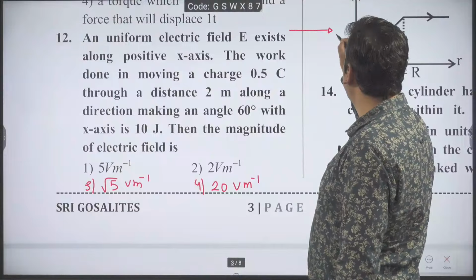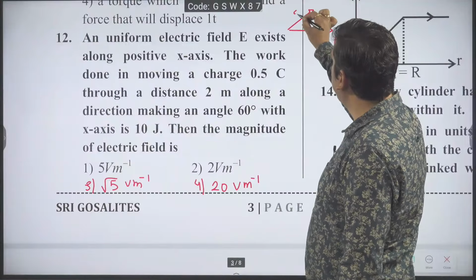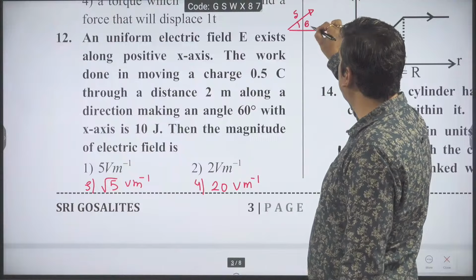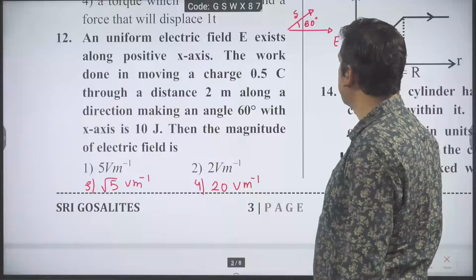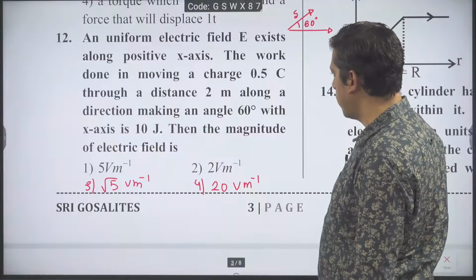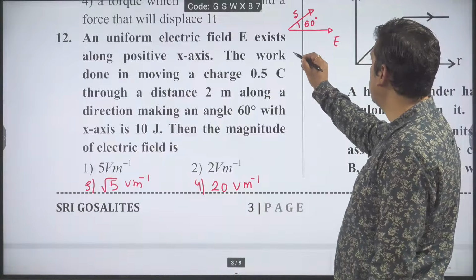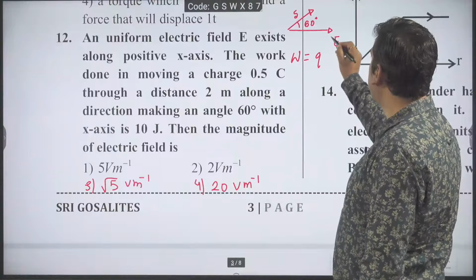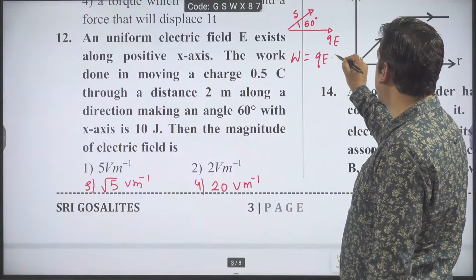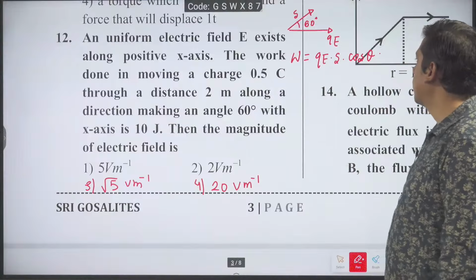Electric field is along the x-axis. Displacement is along 60 degree from the positive x-axis. They are asking for the magnitude of the electric field. The work done is QE into displacement into cos theta.